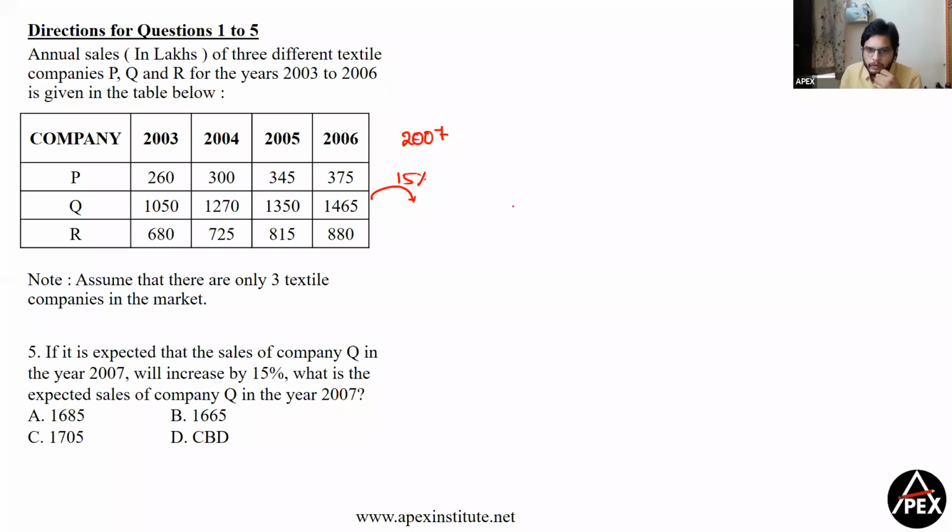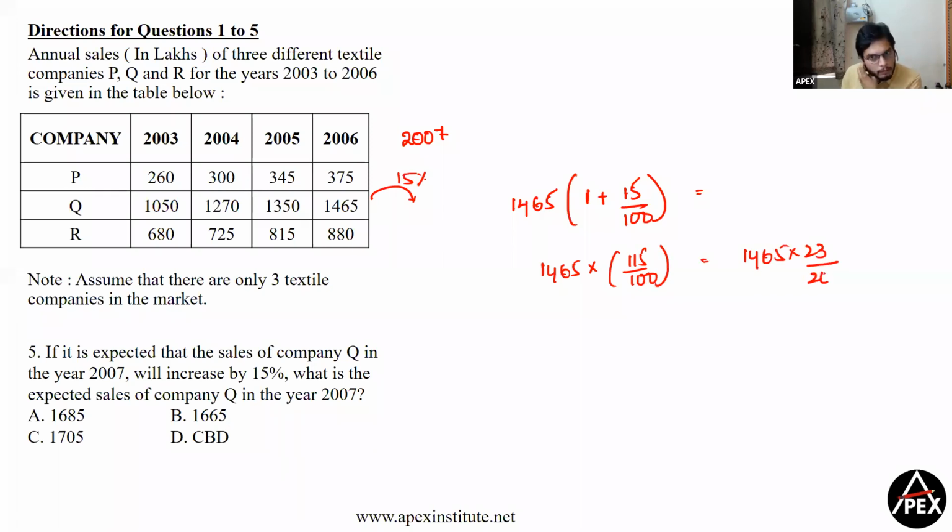Okay, in 2006, the sales are 1465. Okay, and there will be a 15% increase. So 1 plus 15 by 100. So what is the value of this? Or 1465 into 115 by 100. Or this can be 1465 into 23 by 20.